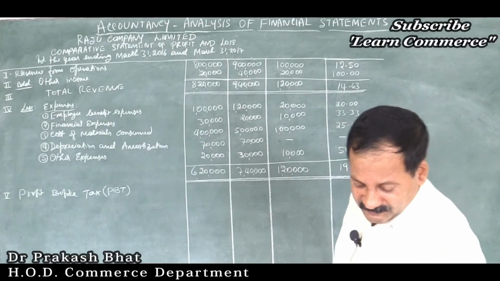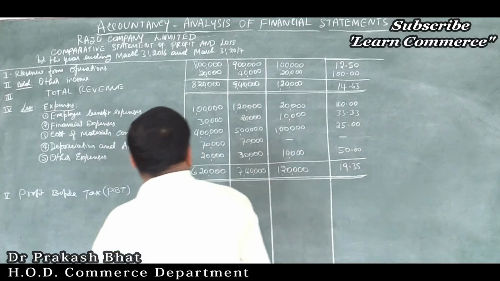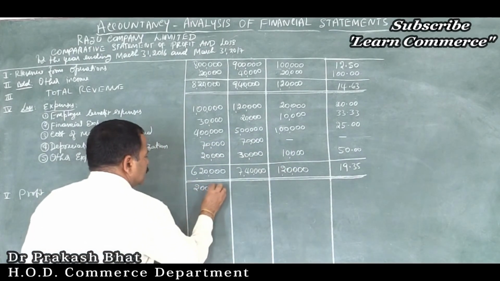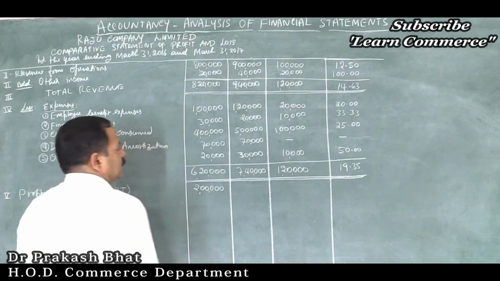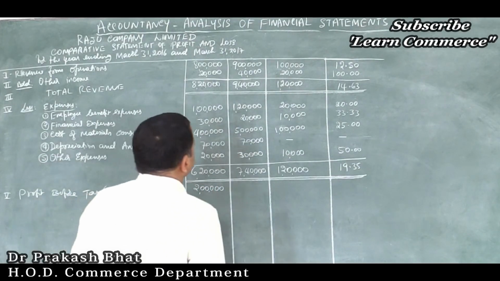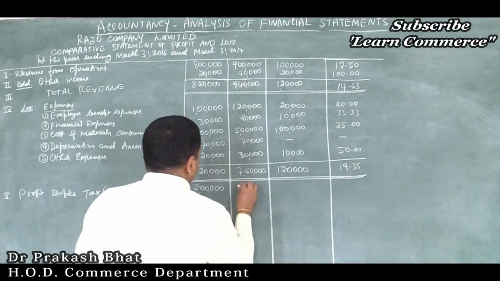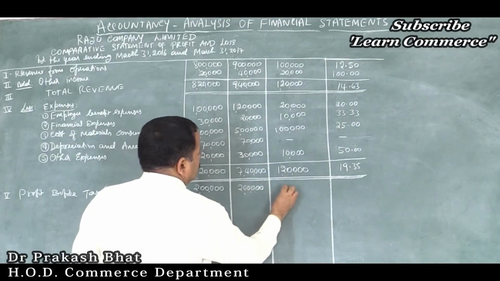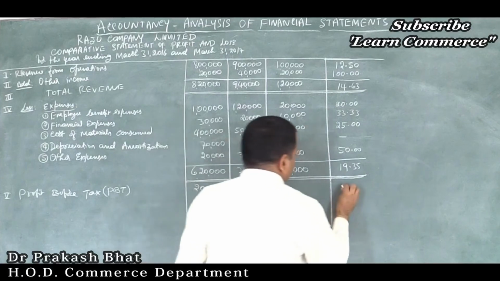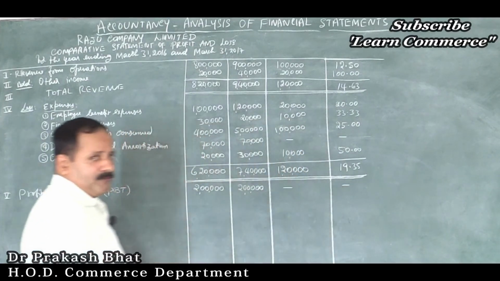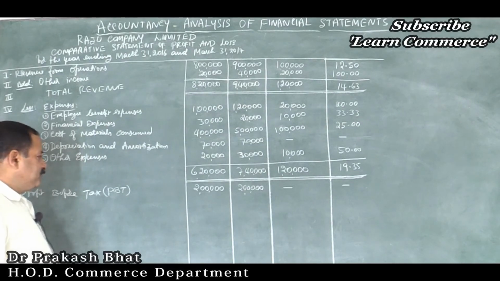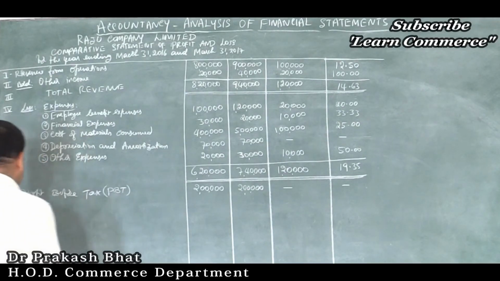No, it is not given, I'm sorry. PBT is not given. 820 minus 620, it is 2 lakh. Isn't it? 940 minus 740, again it is 2 lakh. There is no increase or decrease, no percentage. Correct? Equivalent.